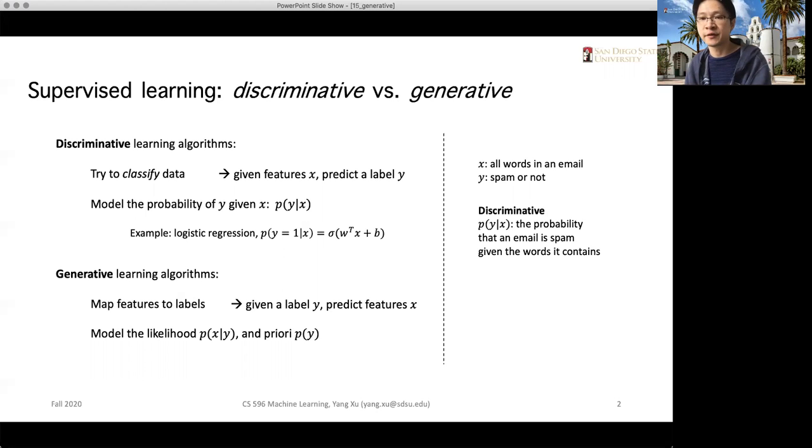Like we see the words first, and then we make a guess of how much percent that email can be spam. So that is a discriminative way.